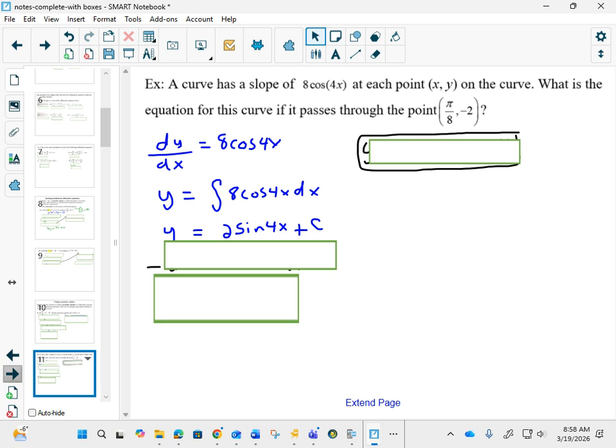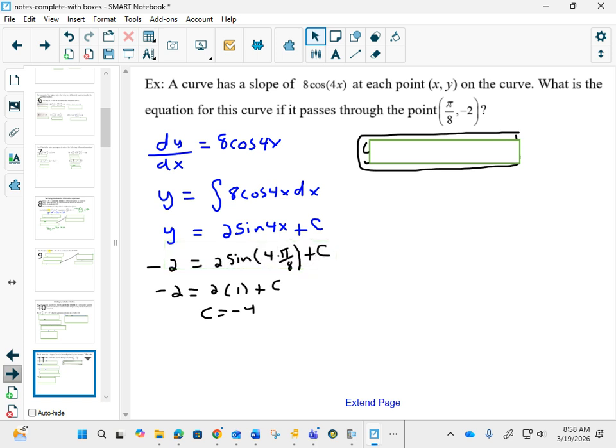There's my indefinite integral, plus c, because I have an initial condition. I know that at pi over 8, y is equal to negative 2, so I can plug in pi over 8, and I can plug in negative 2. I can solve for c. So this is our particular solution to this differential equation.